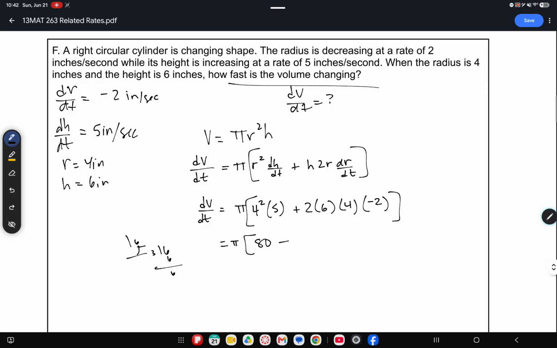Is that 96? So negative 16. And then it's volume, so inches cubed per second.